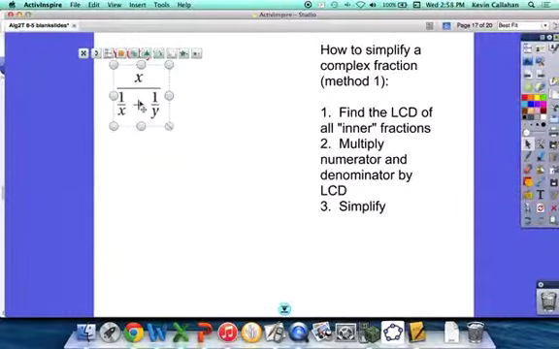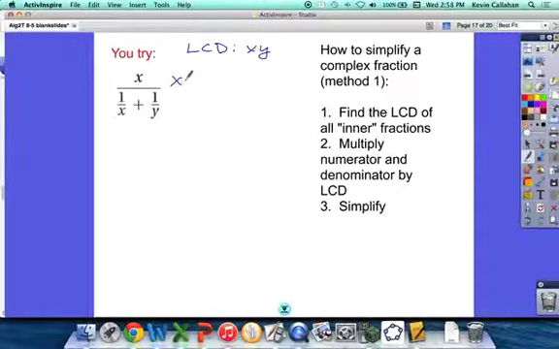So remember, the first method was find the LCD for everything, which in this case is, what is the LCD? xy, right? There's only these two fractions. Their denominators are x and y, so the LCD is xy. So what do I do with that according to the first method? I multiply the top and the bottom by xy.